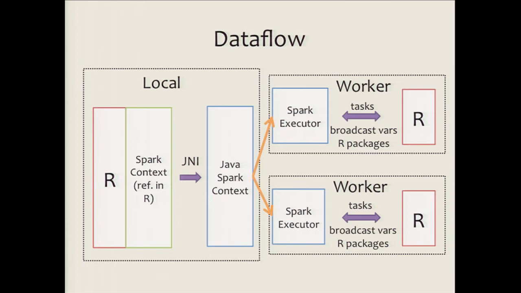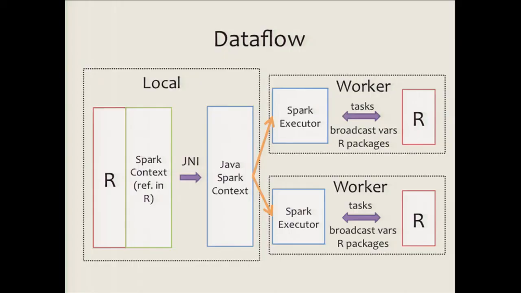This R worker process takes in the deserialized tasks, which is just R code, and might also take in some broadcast variables and a list of R packages to include in the local R environment.